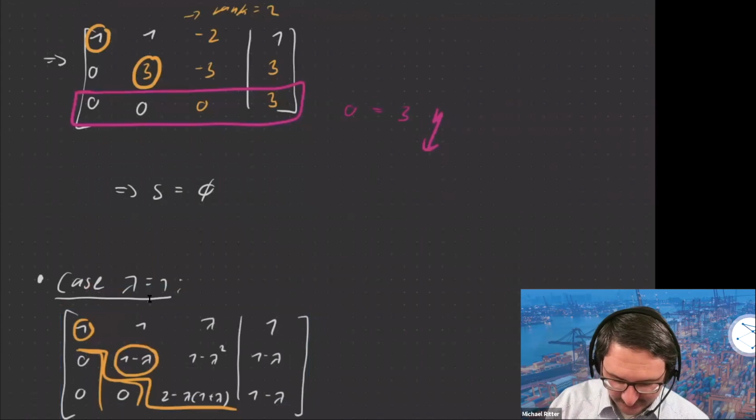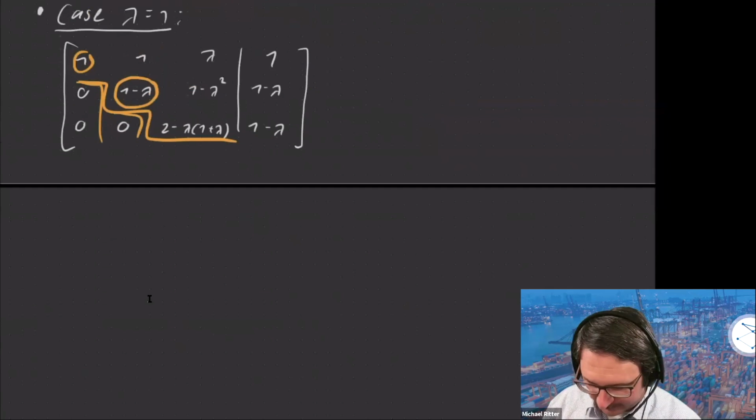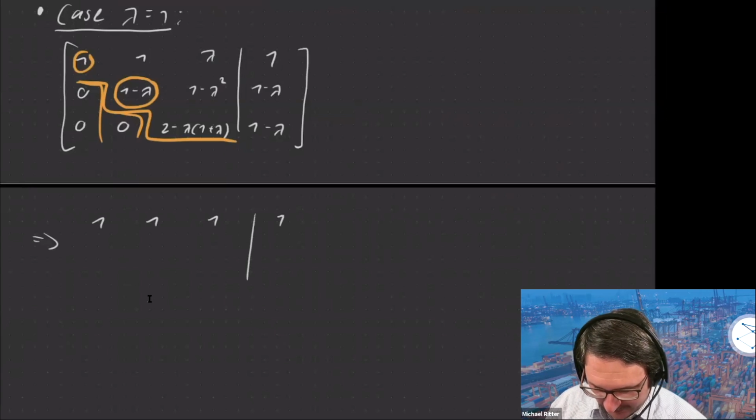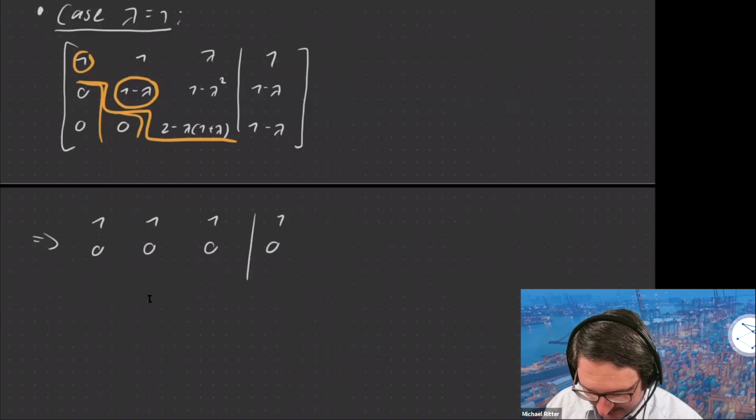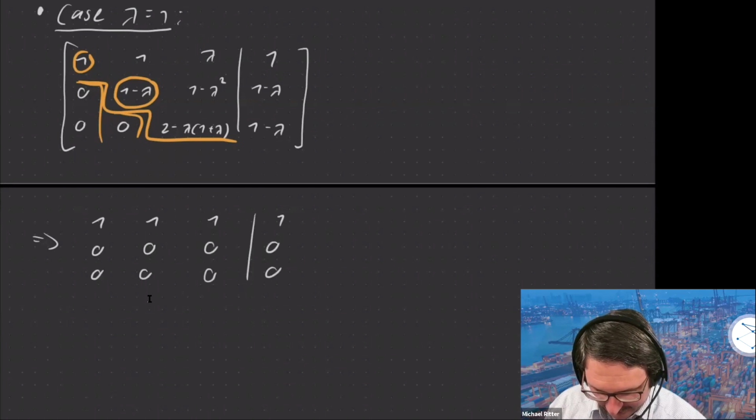Okay, so again, this is valid also for the case of lambda equals 1. And that means what we get is 1, 1, 1, 1, 0, 0, 0, 0, and 0, 0, 0, 0.